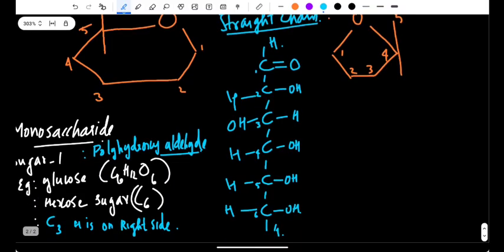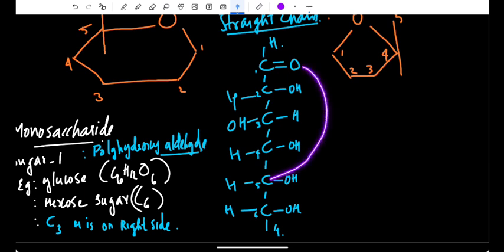Now what happens here is that to make a ring structure, in any saccharide you take, the second last, from last to the second carbon, this last to the second carbon will make a bond with the first carbon. Okay.